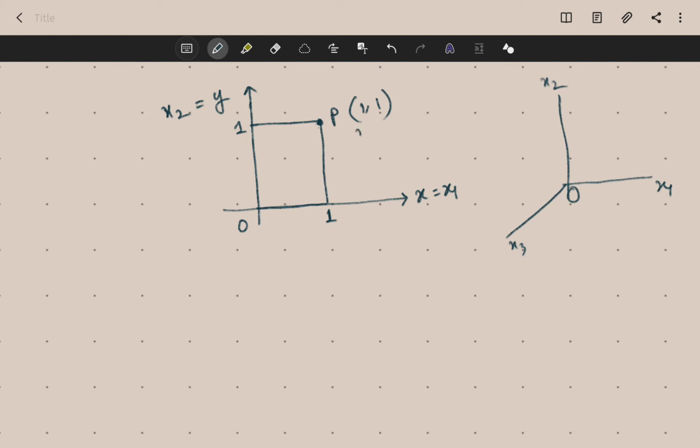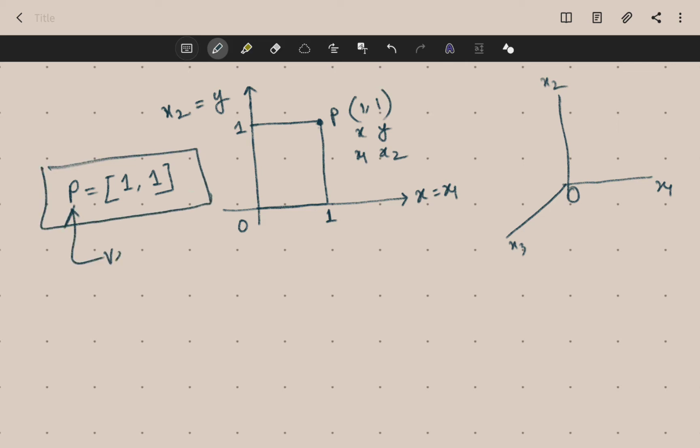The 1 defines the x position and the y position, and for our new graph we can call this x1 and this x2. So in that way we can write P as (1, 1). So P here is a vector representation.